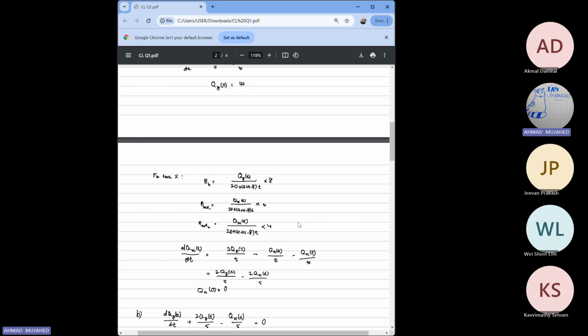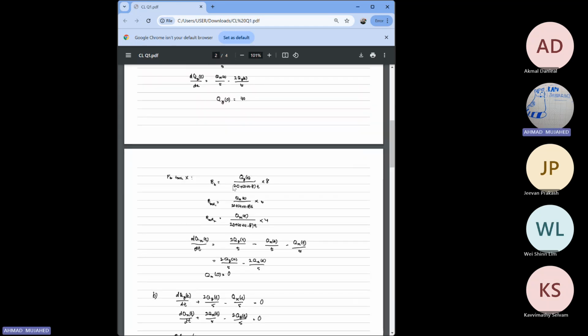So for the X tank, using the same formula for Q in, the in solution Qy(t) divided by 20 plus 4 minus 8t times 8. And then for the outflow, Q(t) divided by 20 plus 4 minus 8t times 4.